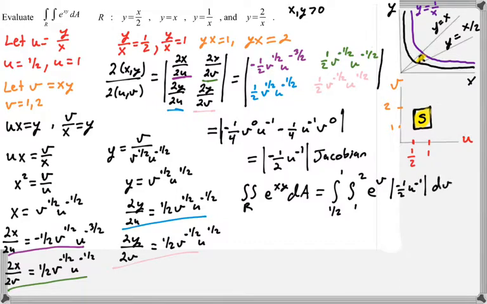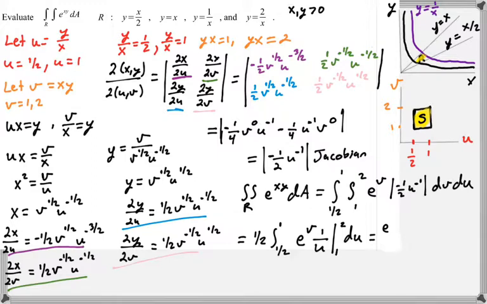Absolute value of negative 1/2 u to the negative 1 dv du. So slide out the 1/2. Integral from 1/2 to 1. Integral of e to the v with respect to v is just e to the v. And then we also have the u to the negative 1 there, which we can rewrite as 1 over u. Evaluating v from 1 to 2 du.